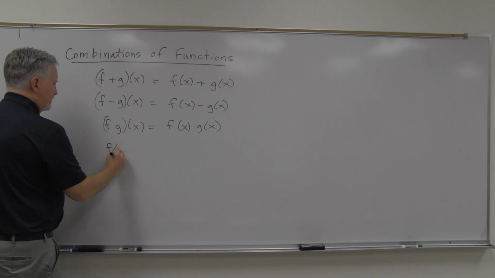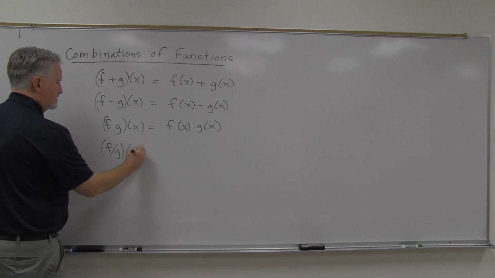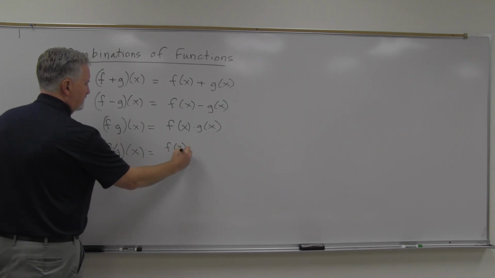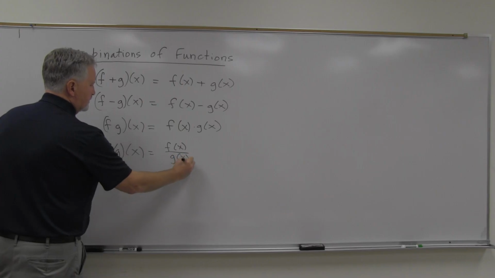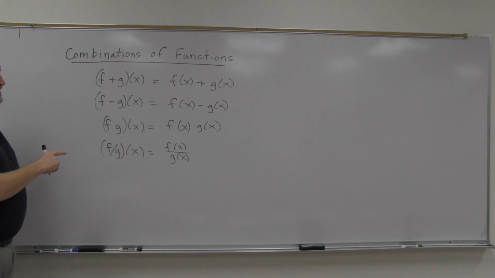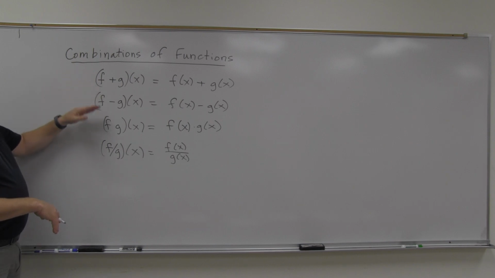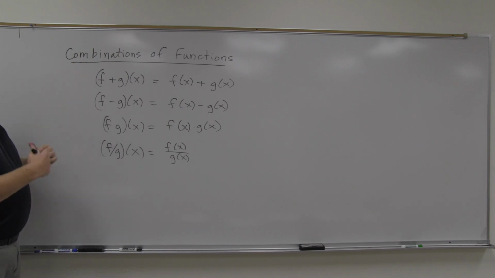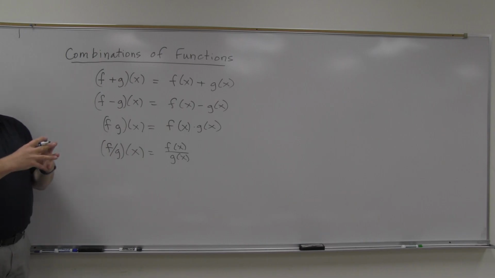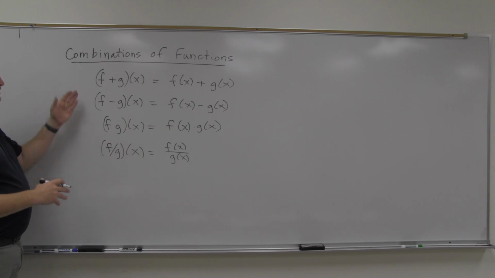And then f divided by g of x, you take f of x and divide it by g of x. The one thing I'd say about that one is, the top 3 here, pretty obviously, if you're combining them, you're combining their domains, and so it's going to be where they overlap domain-wise.